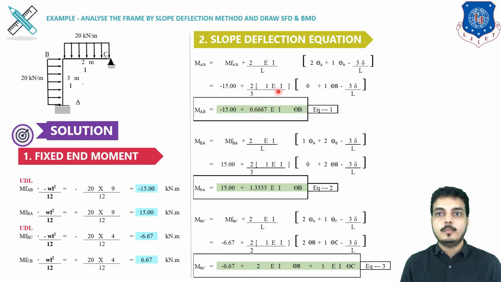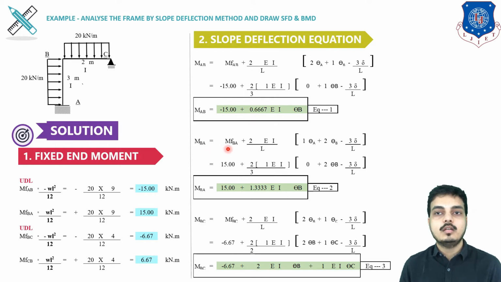So 2 upon 3 into 1 into EI. As A is a fixed support, theta A will be 0, plus theta B. B is a simple support, so it is unknown, minus 3 delta by L. Here no sway and no sinking is given, so delta is 0. So minus 15 as it is, and 2 multiplied by 3 multiplied by 1 gives 0.667 EI theta B. This is my equation number 1.